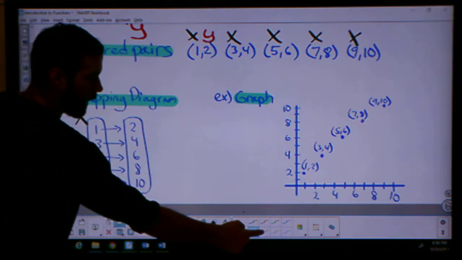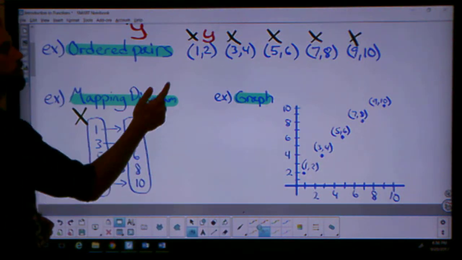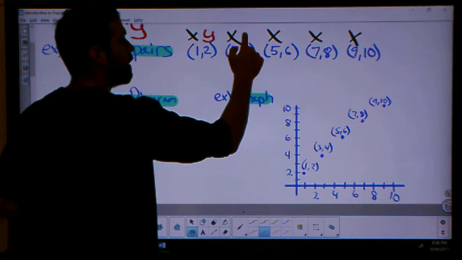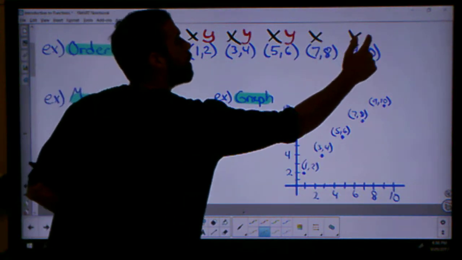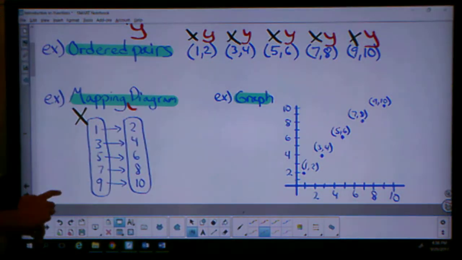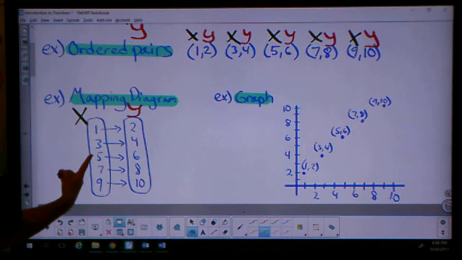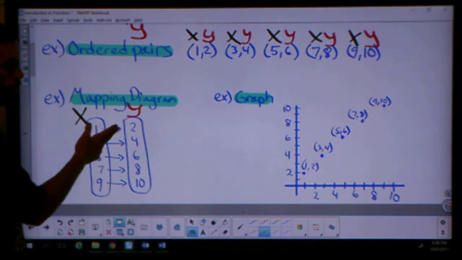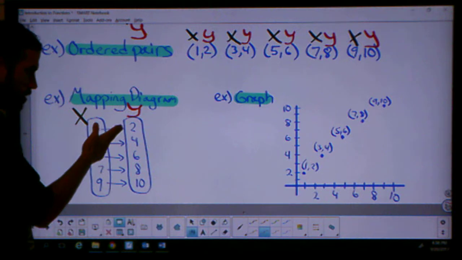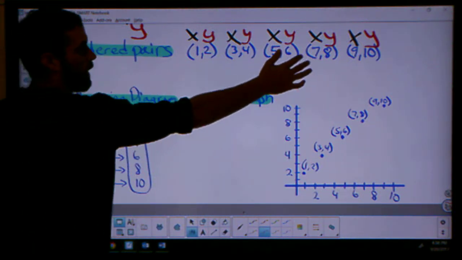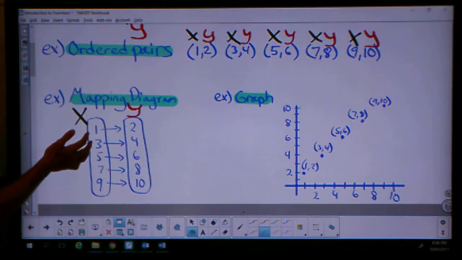And then over here on the right, we have all the y values. 2, 4, 6, 8, 10. Those go in the right part of the mapping diagram. And then all the arrows in between are just showing you that 1 points to 2, 3 points to 4, just like we have up here with the ordered pairs.